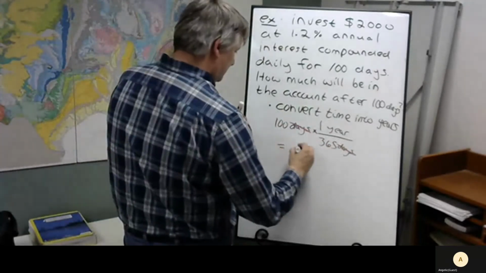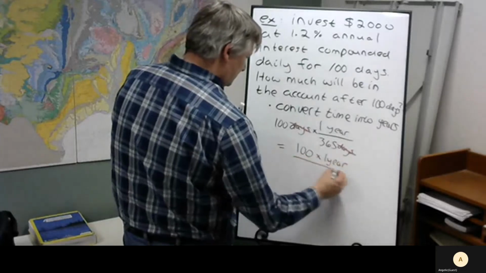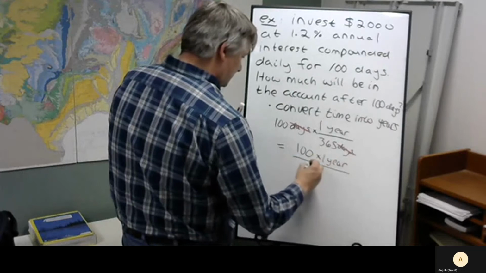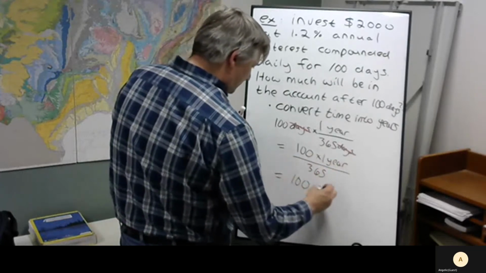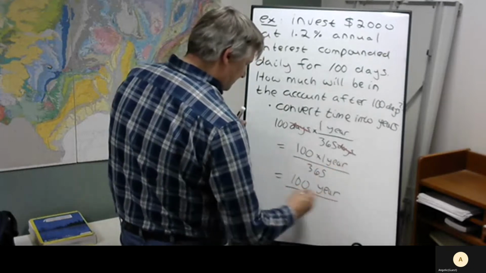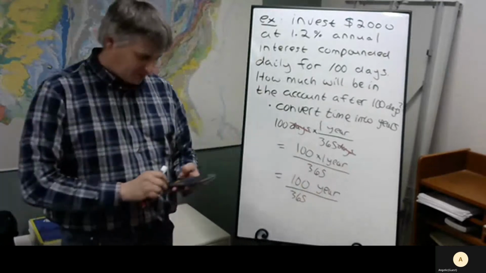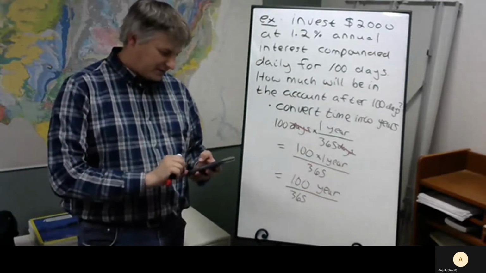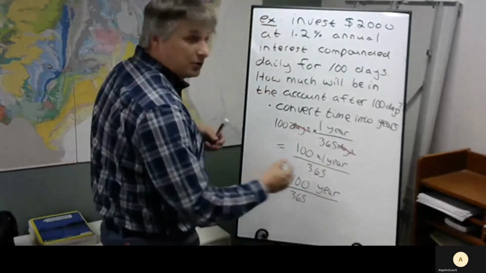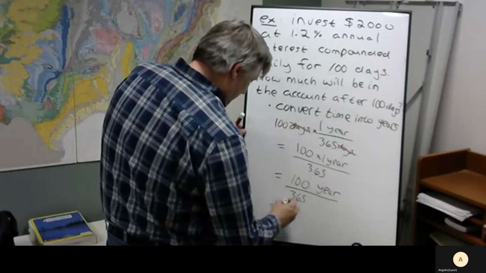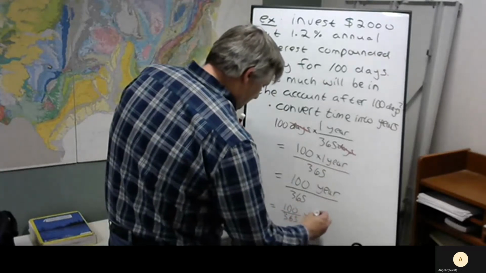So this will give us 100 times 1 year over 365. Let's see if we do a decimal. Not sure if that's going to be a friendly decimal. Ooh, not very friendly. So I'm just going to leave it like this. I mean, you can reduce this if you want to, but we can call it 100 over 365 years.